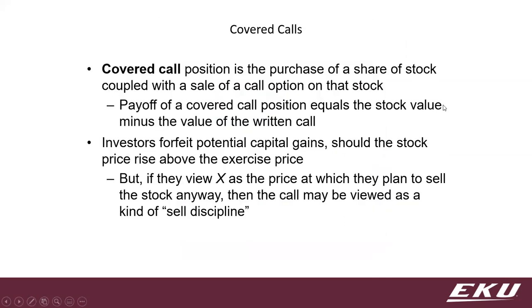Okay. So we talked about these protective puts. Here's a covered call. It's the same type of thing where we have a stock position, as well as having the call position.